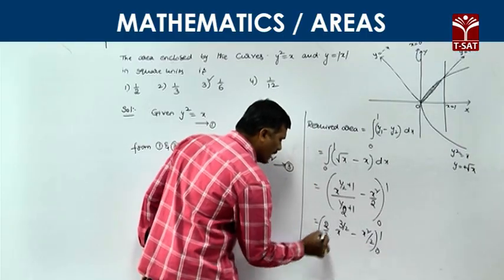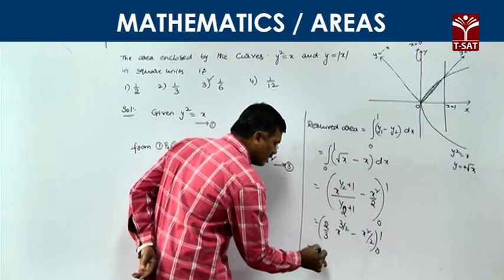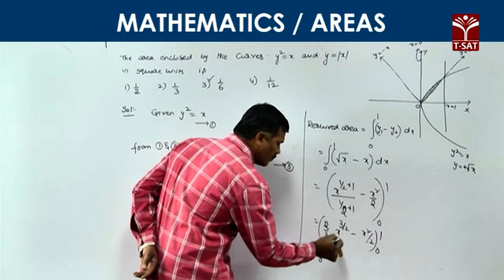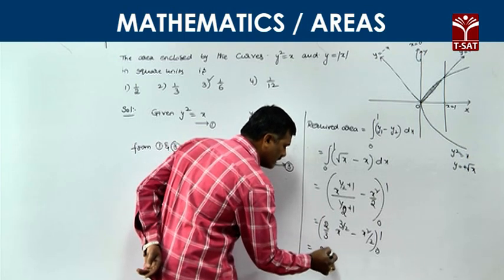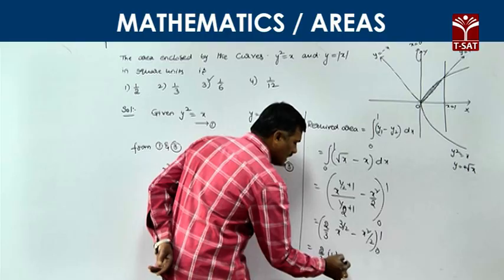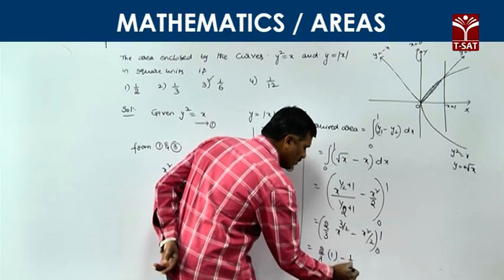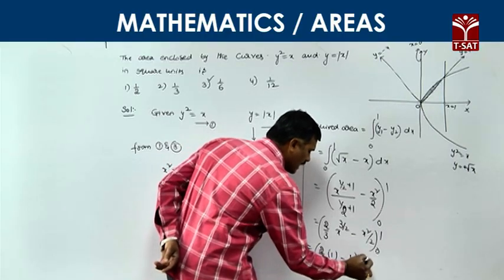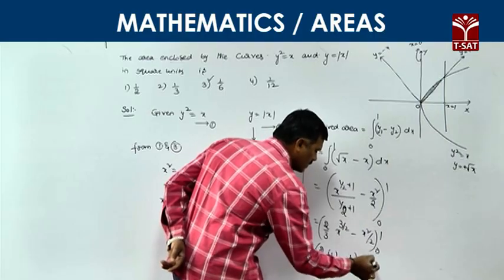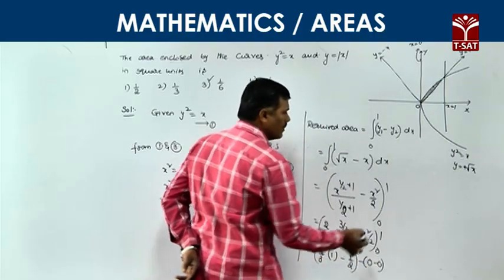Upper limit minus lower limit: 2 by 3 into 1 power 3 by 2, and 1 power anything is 1, minus 1 square by 2. The lower limit is 0 minus 0, which is 0.